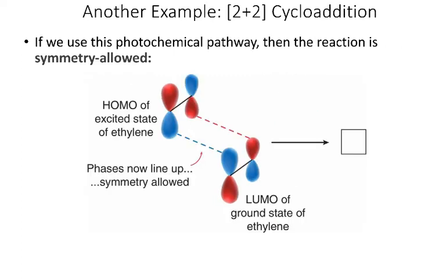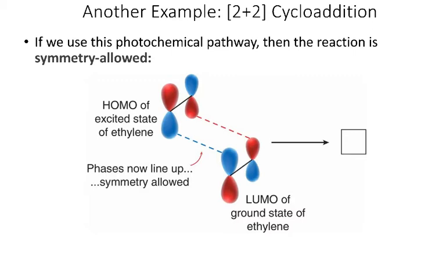So now, when we compare the excited state of ethene, where we have an electron in what was the LUMO, and as long as we haven't excited the other ethene molecule, its LUMO is still the same, and so now the HOMO of the excited ethene matches up symmetry-wise with the LUMO of the other ethene, and we can get 2+2 cycloaddition.